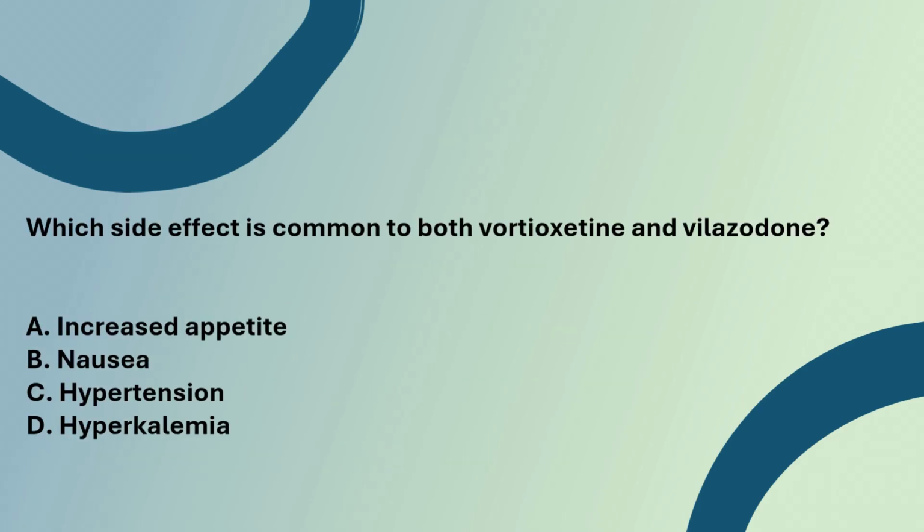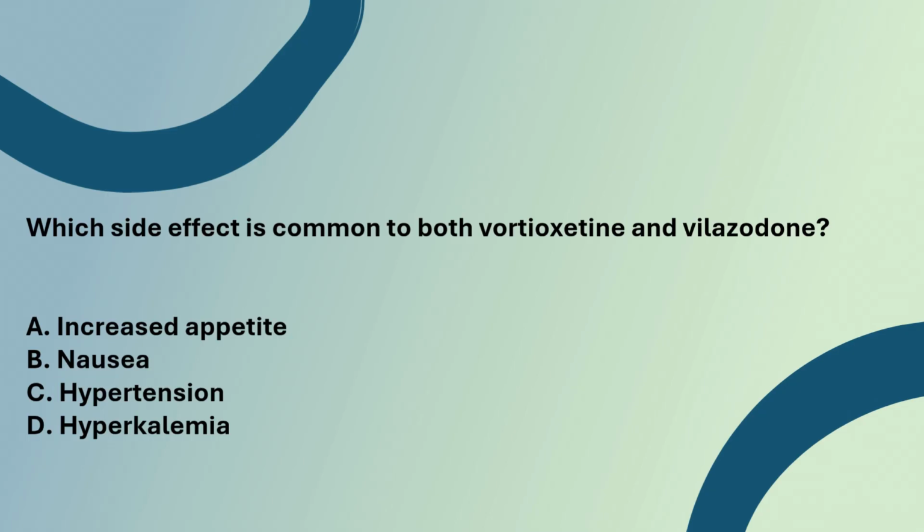Which side effect is most common to both vortioxetine and vilazodone? A, increased appetite, B, nausea, C, hypertension, D, hyperkalemia. So I'll give you a moment to look at that. And we're talking about both vortioxetine and vilazodone. And it wants to know which side effect is most common.